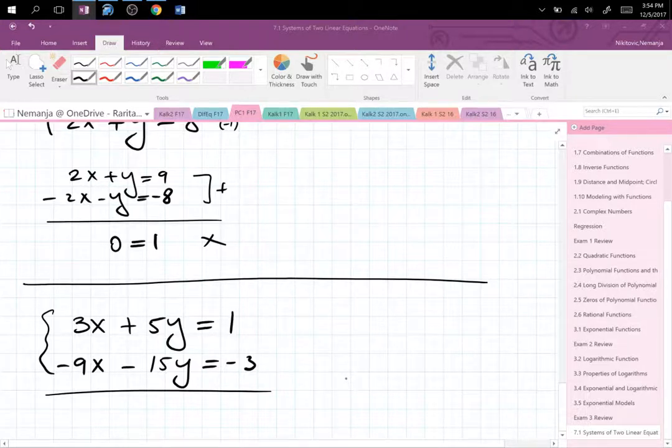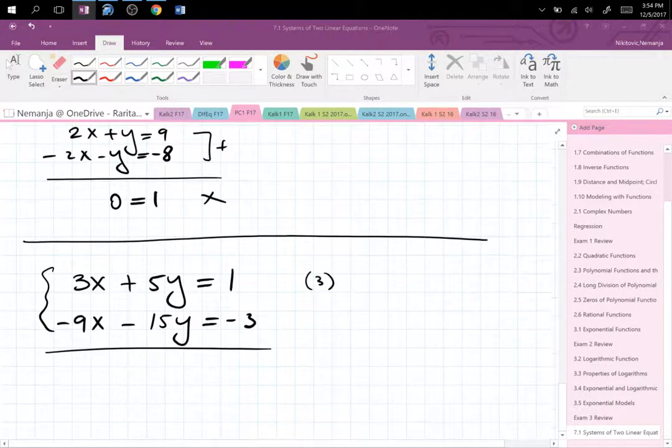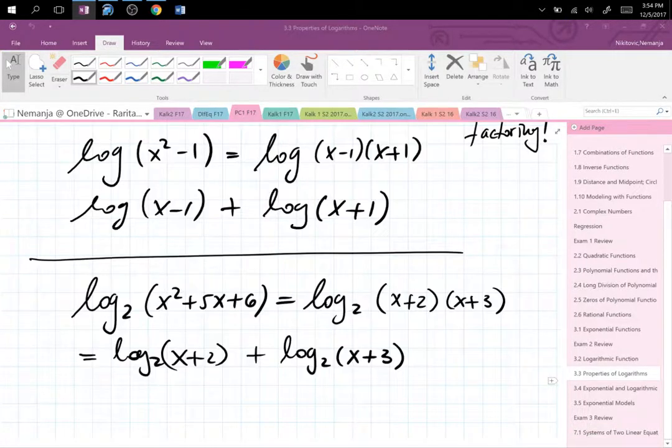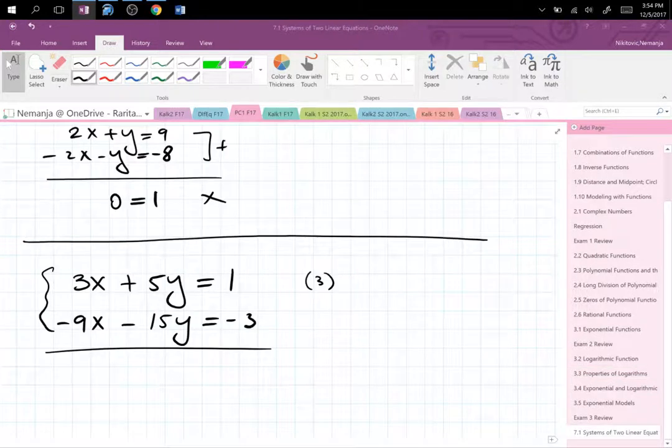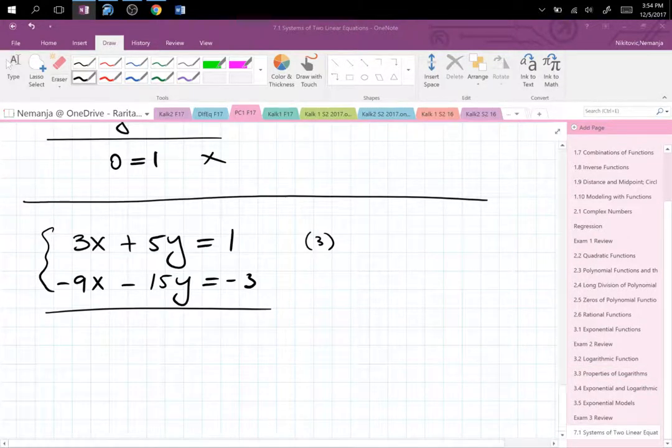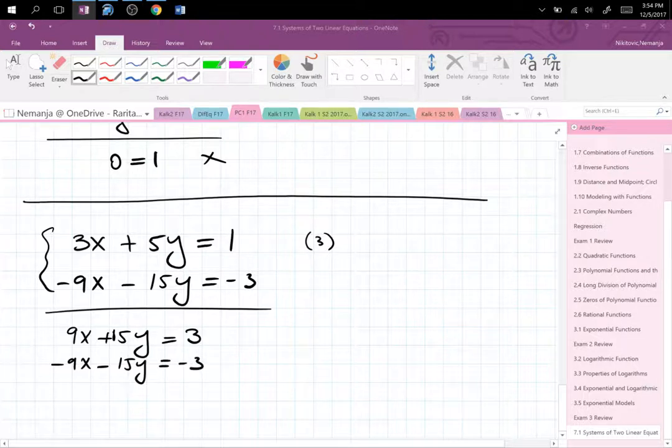Well, you would say, well, let me multiply the top by 3. And as soon as you do that, you see that everything cancels. So you have 9x plus 15y is equal to 3. And negative 9x minus 15y is equal to -3.